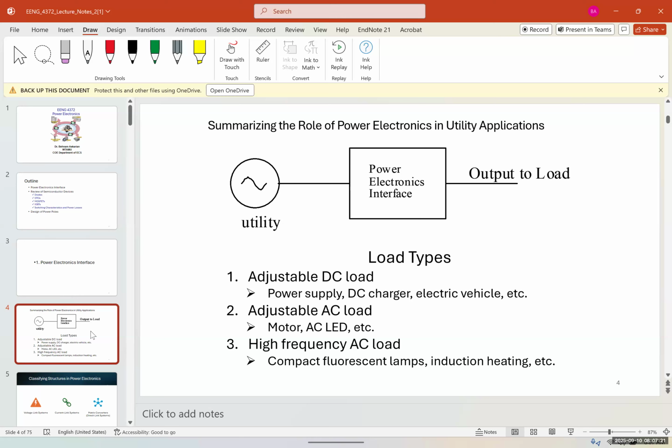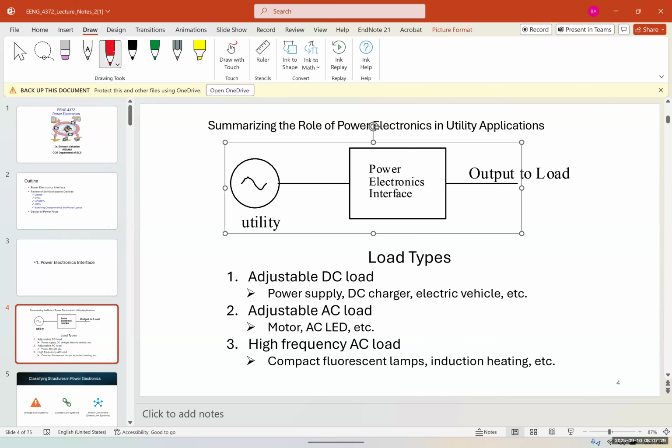Therefore, we need a power electronic interface to convert that utility AC, let's say it's 120 volt, 60 hertz AC, to a DC voltage, let's say it's 5 volt 1 amp DC that we want to charge our phone with, or 12 volts 2 amps for charging your laptop.